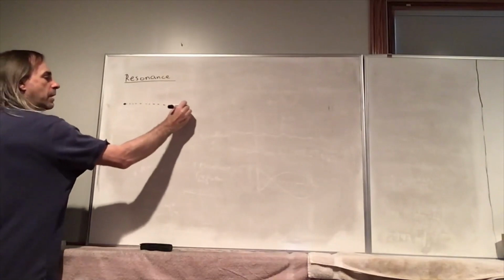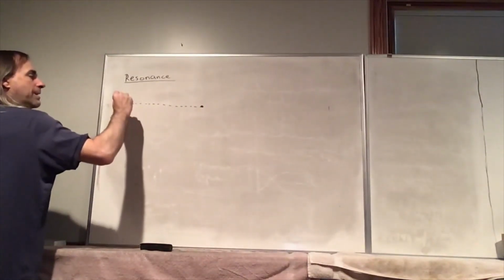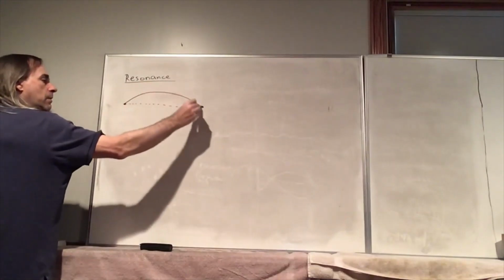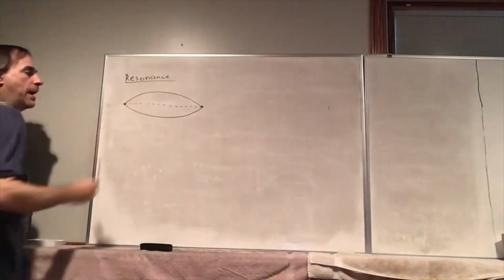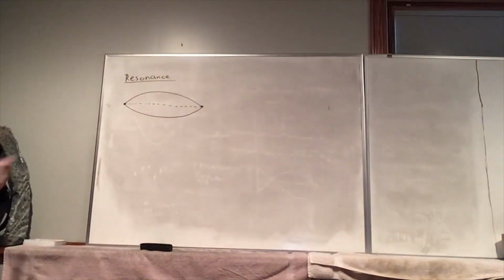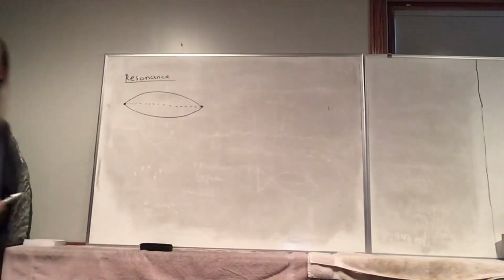So this is the normal string. And we can get a standing wave pattern that looks like this. It's like the whole string just goes up and down like this. This is the lowest frequency that will produce resonance.